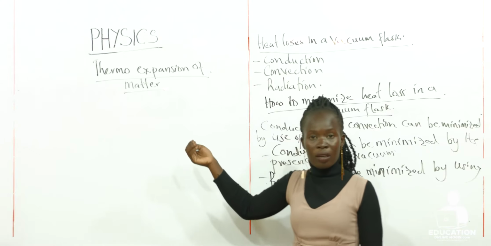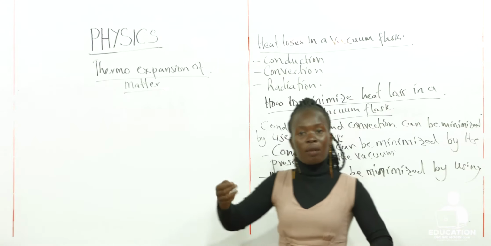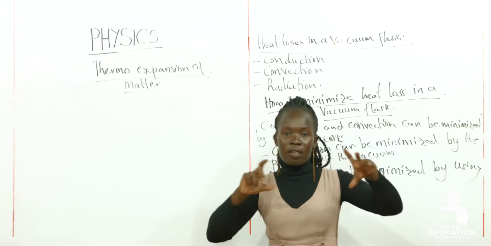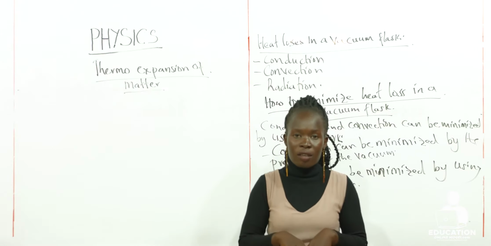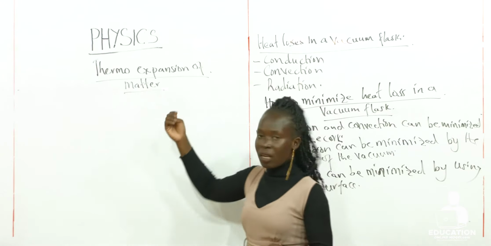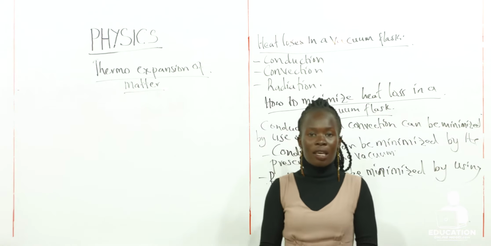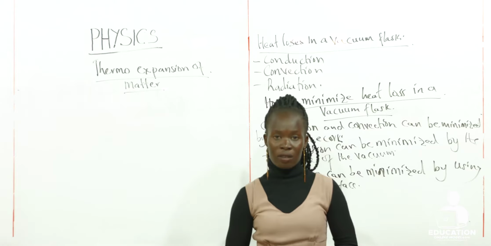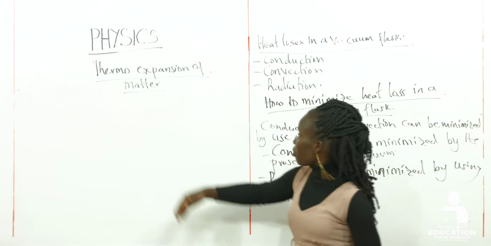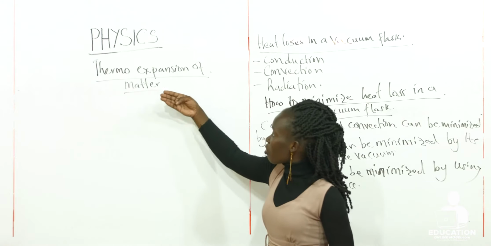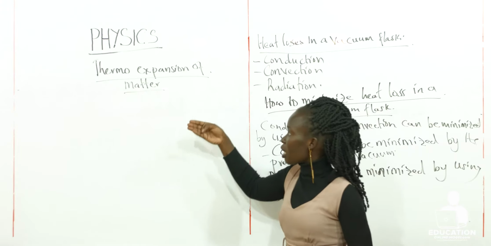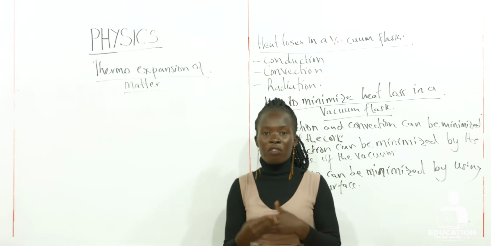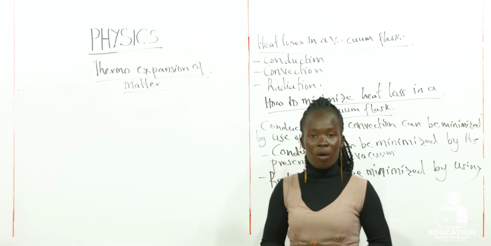What does it mean? Expansion means for something to increase in size. So what of the matter? We know matter is anything that occupies space. So if you're talking of thermal expansion of matter, we mean the effect of heat on the matter.